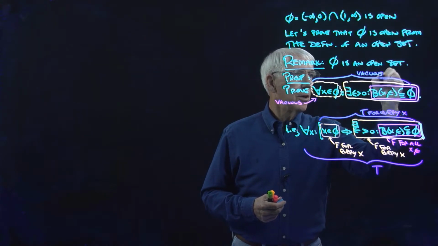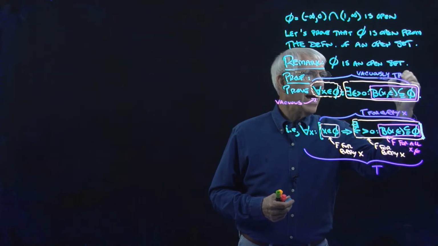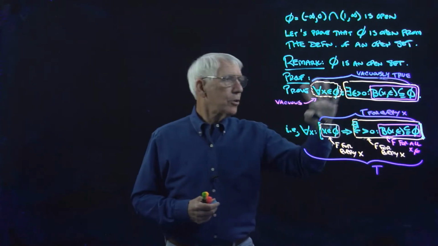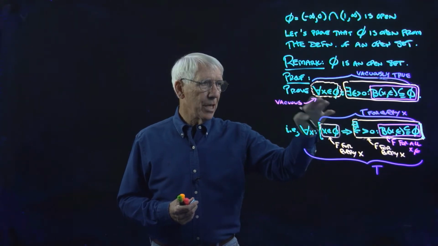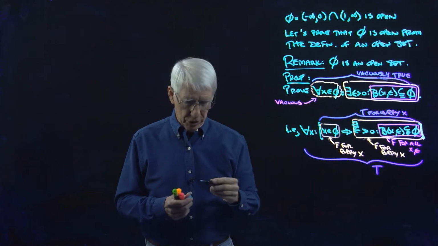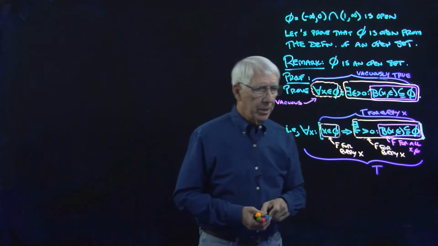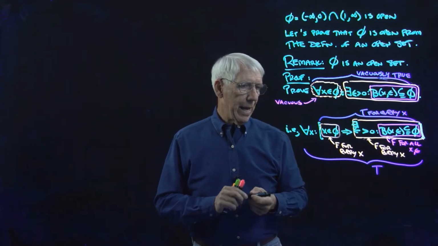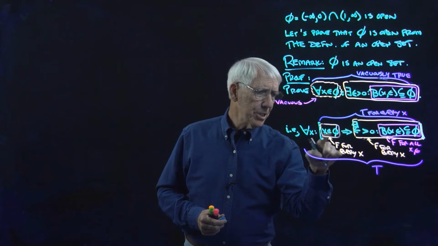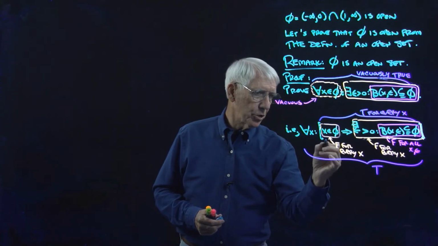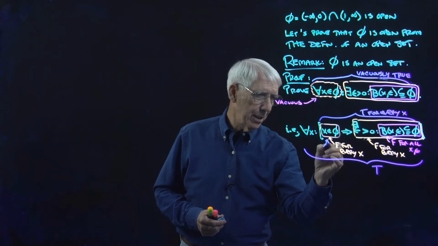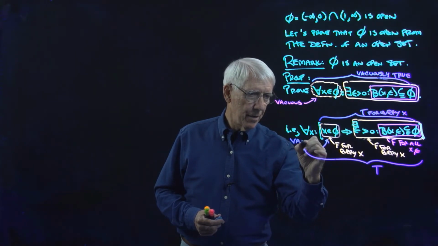So this, we would say, is vacuously true. True because there isn't anything that satisfies the quantification over here. And here we would say that this, x is in phi, is vacuously true.